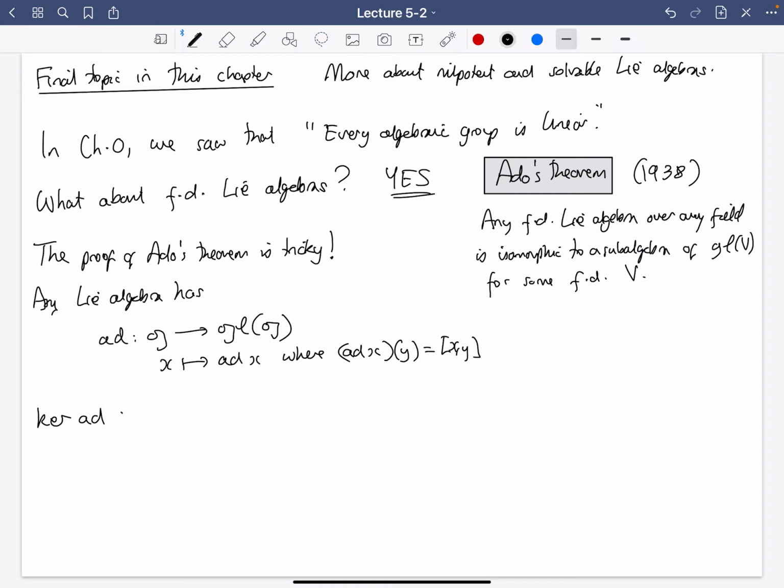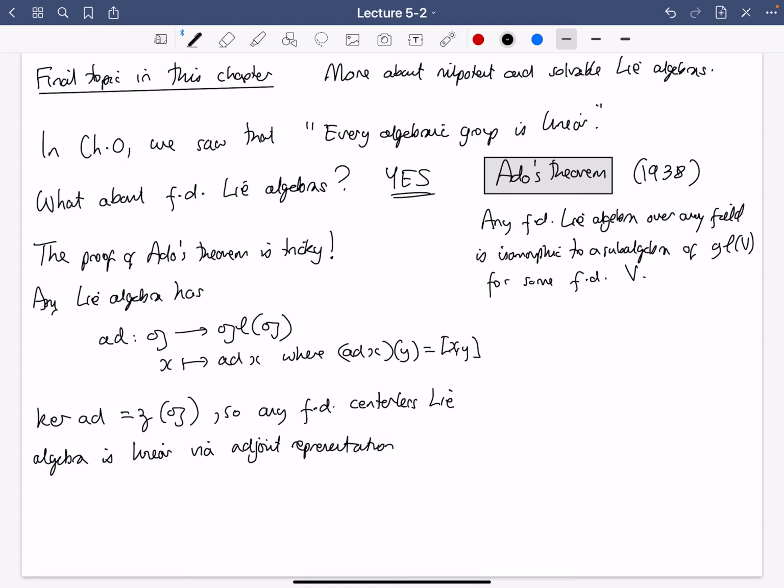The kernel of ad is just the center of the Lie algebra G, so this shows that any finite dimensional centerless Lie algebra is linear via the adjoint representation. So, for example, for a semi-simple Lie algebra, which is what we're mainly going to be interested in, that's certainly centerless.